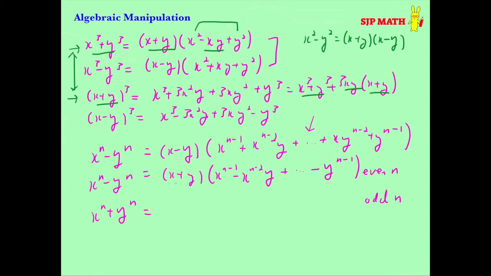If n is even, then we have to look at whether we are looking for x plus y or this expression. Always think about which expression will be better to use. And then for x to the n plus y to the n for odd n, it is x plus y times x to the n minus 1 minus x.